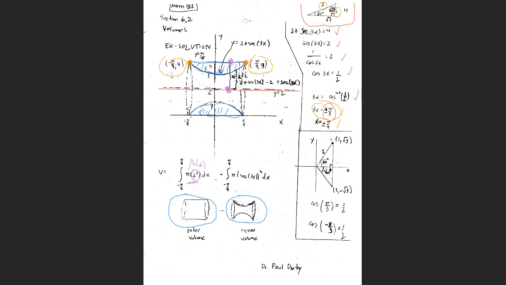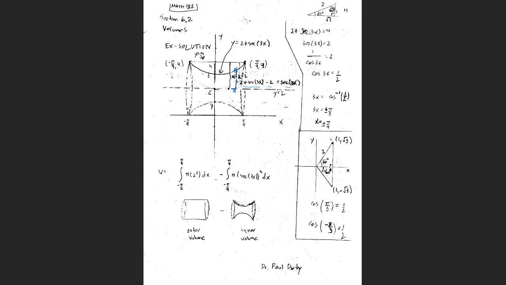Now the inner volume, let me just clear that. The inner volume is this volume here, from here to here. And that's going to be the function 2 plus secant of 3x minus 2, which is secant of 3x.